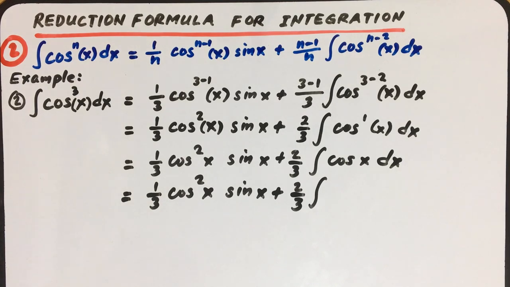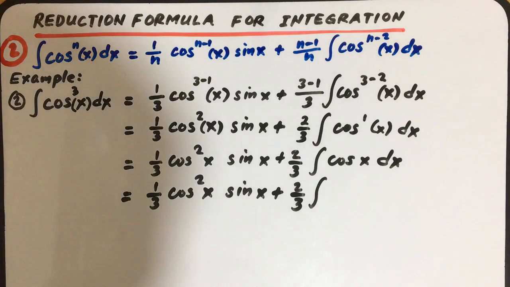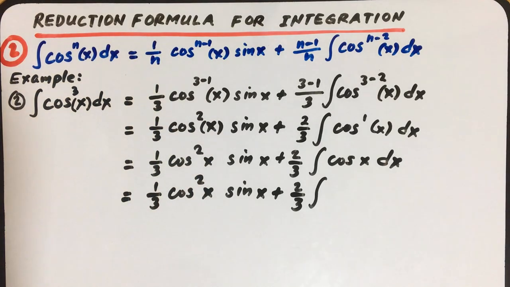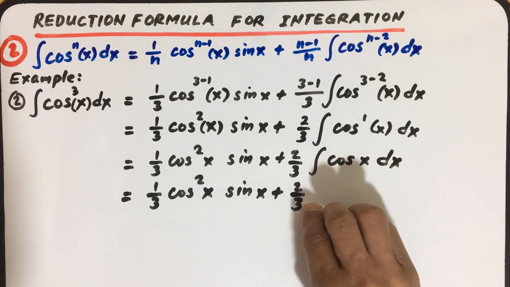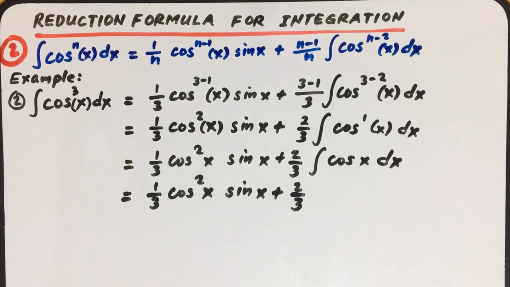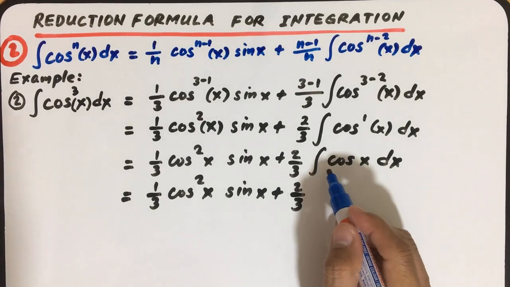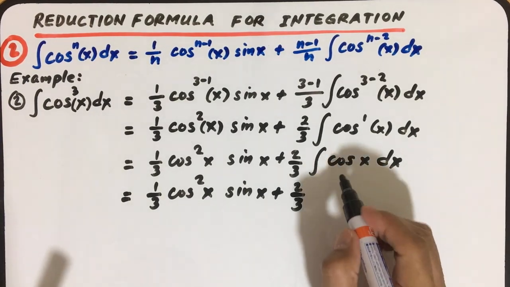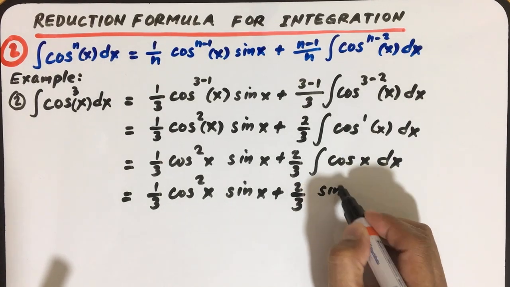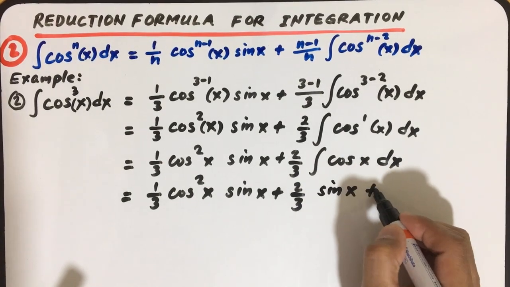So the integral of cosine x is equal to sine x. So you need not write this anymore. You just evaluate or use the formula for sine. Cosine, sorry, integral of cosine is sine. So this is sine x plus c.